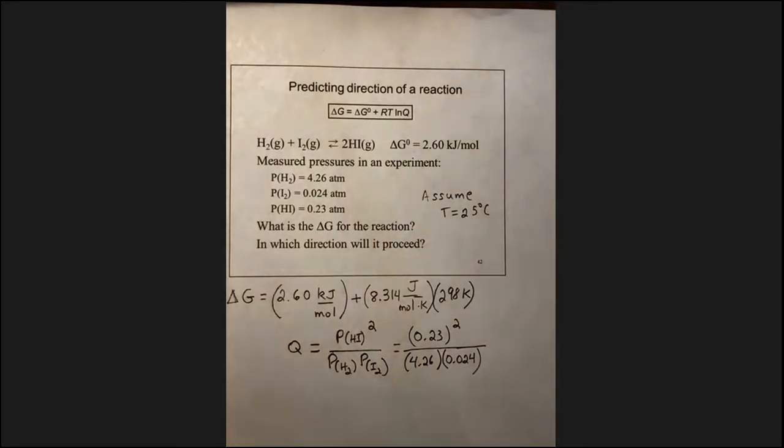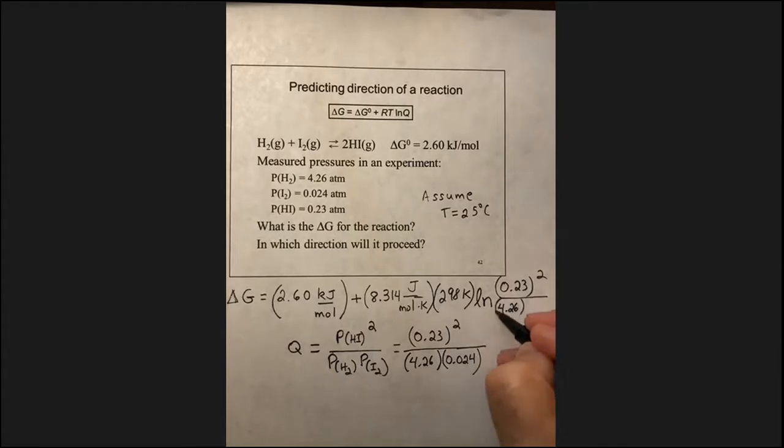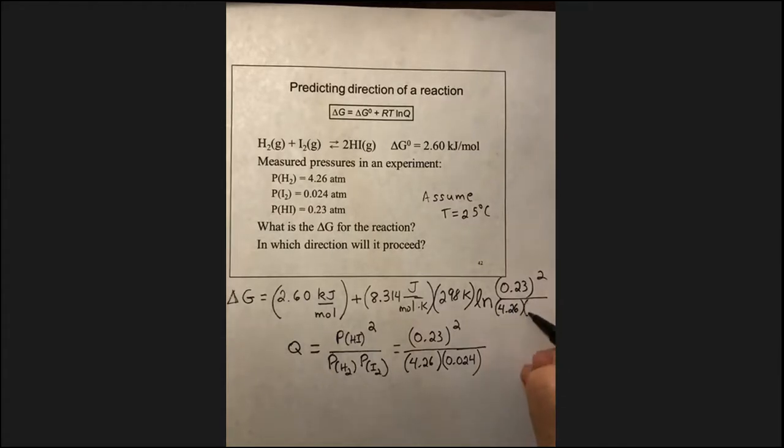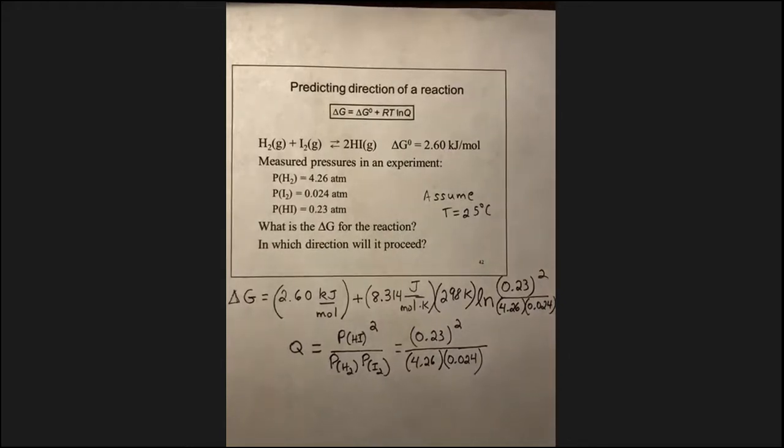And remember, that has to be taken the log of. So it'll be 0.23 squared divided by 4.26 times 0.024.